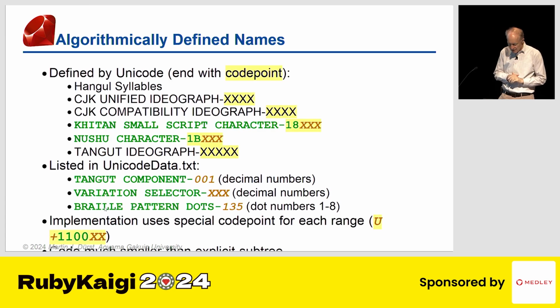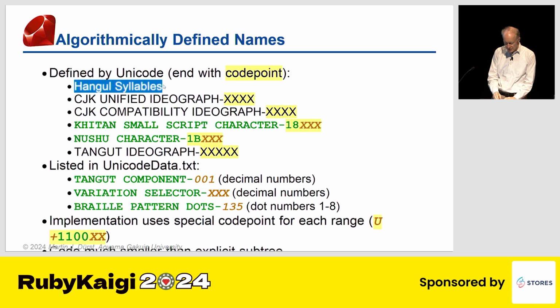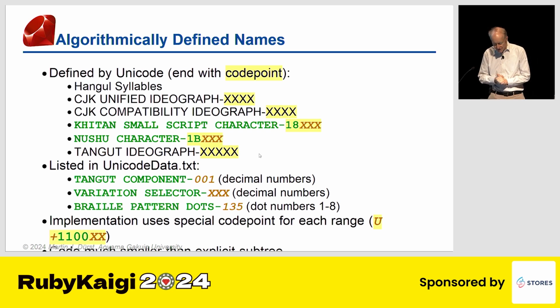Then one other big saving is that a lot of names are defined algorithmically. Some are defined by Unicode: 11,000 Hangul syllables, and then all the kanji and some Khitan and Nushu characters and Tangut ideographs.